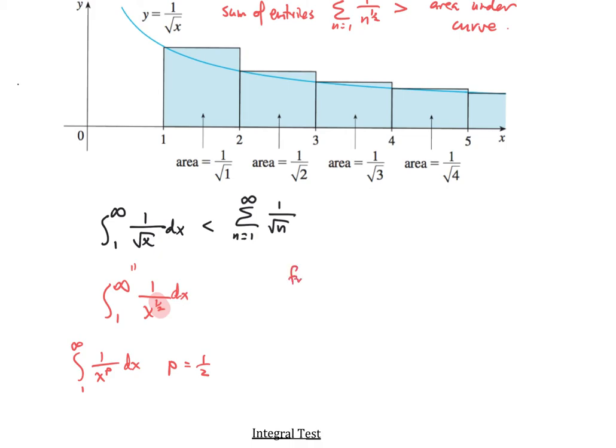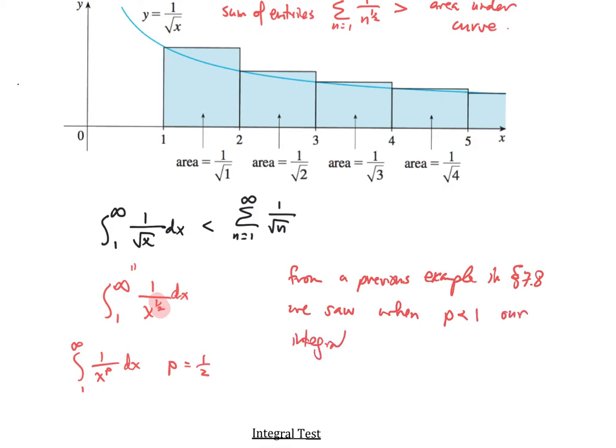Now, from a previous example in section 7.8, we saw that when p is less than 1, our integral from 1 to infinity of 1 over x to the p dx diverges. So this basically tells us that our infinite sum from 1 to infinity of 1 over the square root of n diverges.